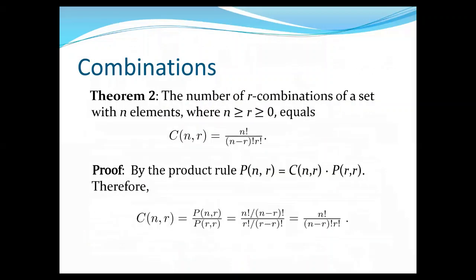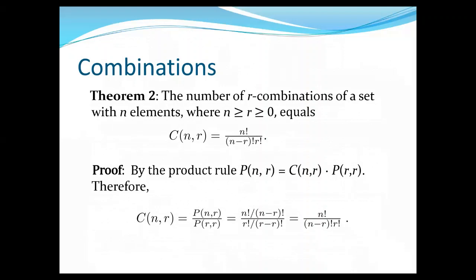So for combination, the formula that we're going to use will be based on theorem number 2. The number of R combinations of a set with n elements, where n is greater than or equal to r, which is greater than or equal to 0, equals C(n,r) = n factorial divided by r factorial times n minus r factorial.